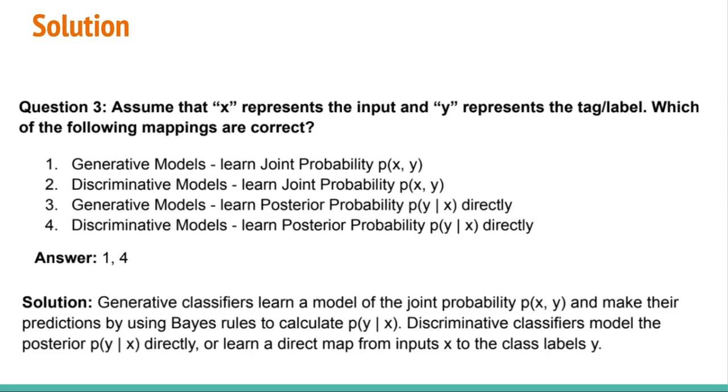Discriminative classifiers model the probability of y given x directly, or they learn a map from the inputs x to the class labels y. So generative models learn the joint probability, whereas discriminative models learn the posterior probability of y given x directly. So options 1 and 4 are the correct answers.